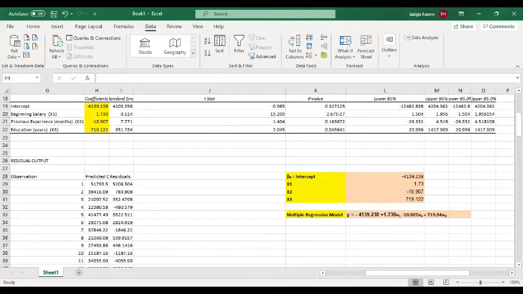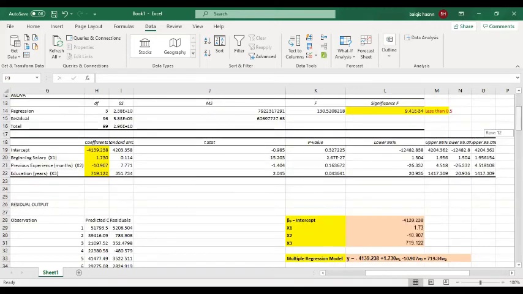Next step, from the multiple regression model, I already observed that the variable for previous experience has the highest p-value and it is insignificant in this model.